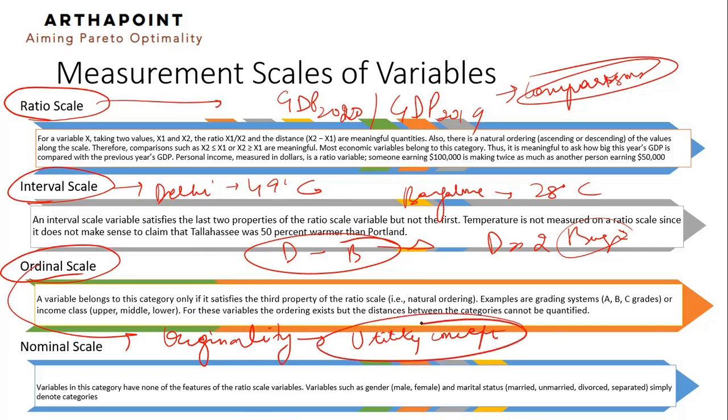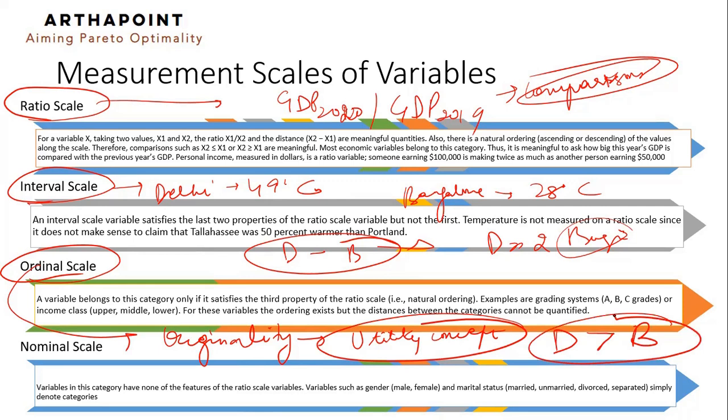So the ideal example from economics for ordinal scale would be utility. What is ordinal scale? Ordinal scale is where I want to rank things. So I want to say that Delhi's temperature is more than Bangalore's temperature, but I don't want to find the difference.